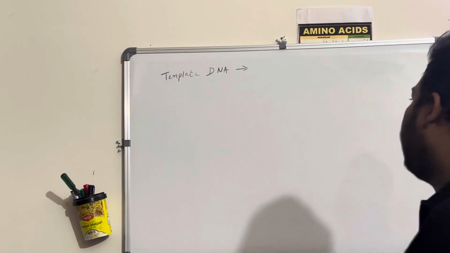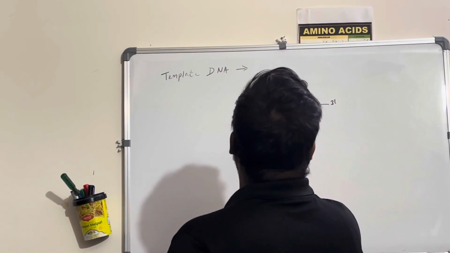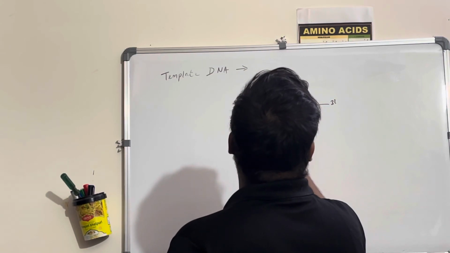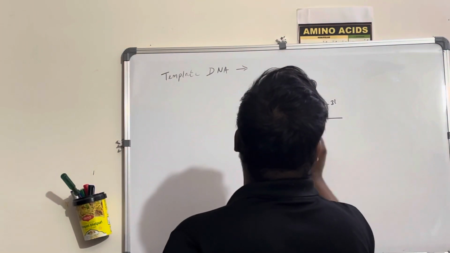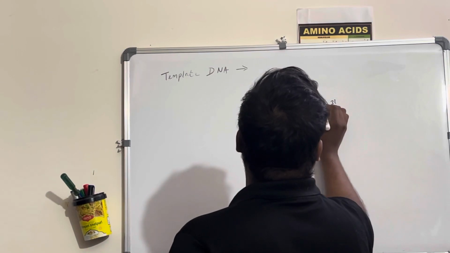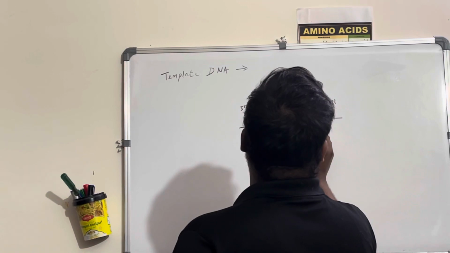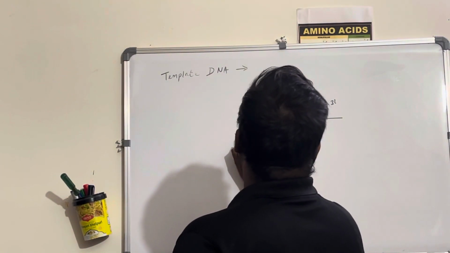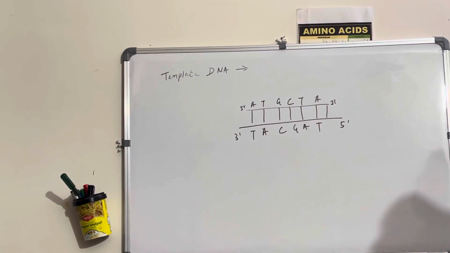Okay, so the strand that is coding runs from the 5' end to the 3' end: A, T, G, C, T, A, T, A, C, G, A, T. This is called a strand. It is the template strand.